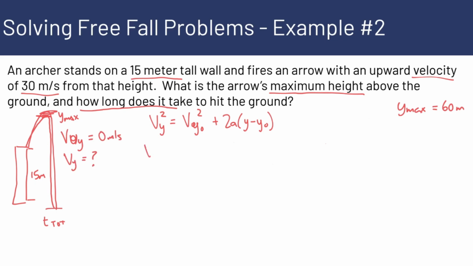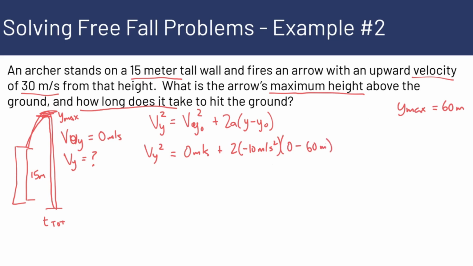So we have vy squared is equal to 0 meters per second plus 2 times minus 10 meters per second squared times, and we reach a height of 0, and we start at a height of 60 meters.